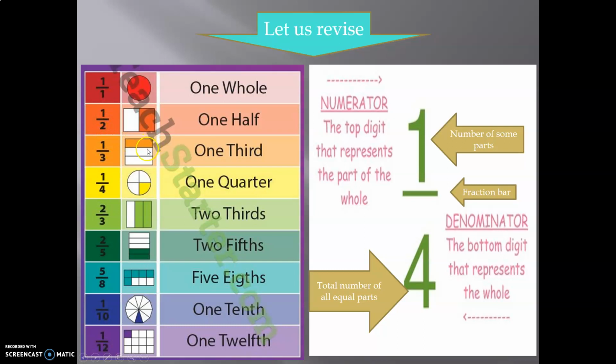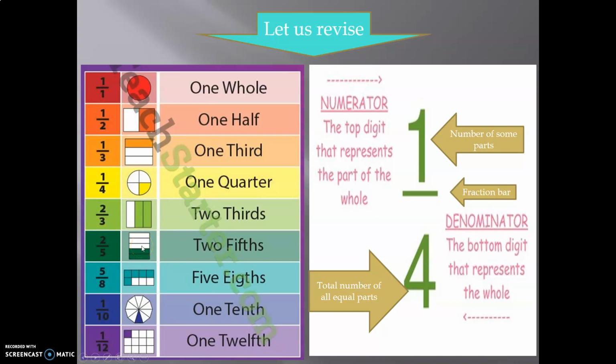If you cut your shape in 3 equal parts and you colored only 1 part, it means you colored 1 out of 3 or 1/3. If you colored 1 part out of 4 equal parts, it means you colored 1/4 or 1 out of 4. Now look here, you colored 2 parts out of the 3. It means you colored 2/3 or 2 out of 3.